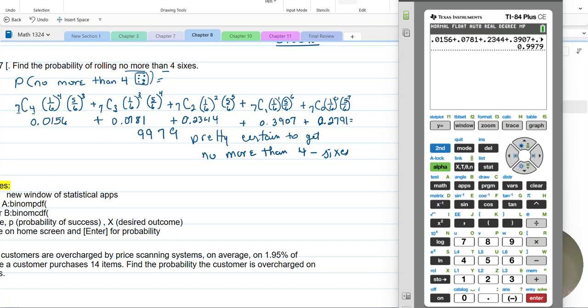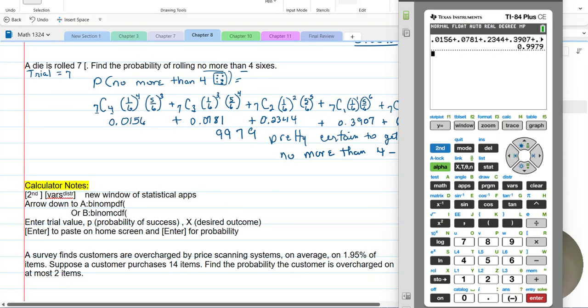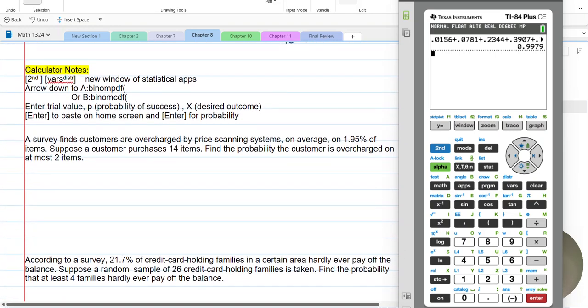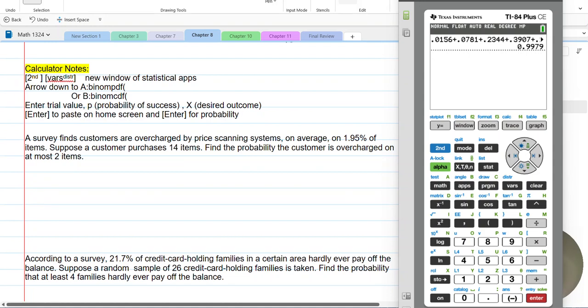All right, so this next one, I want you to write it down in your notes. This is using the calculator to do math on a binomial. What we have here is second VARS, and a window for statistical applications will show up.